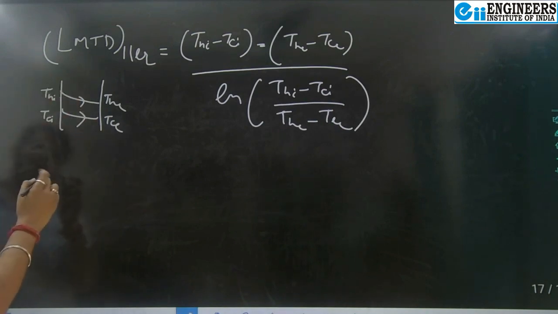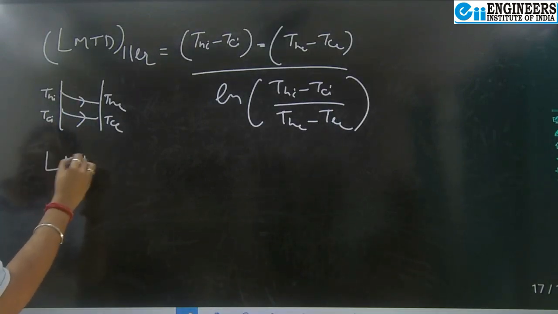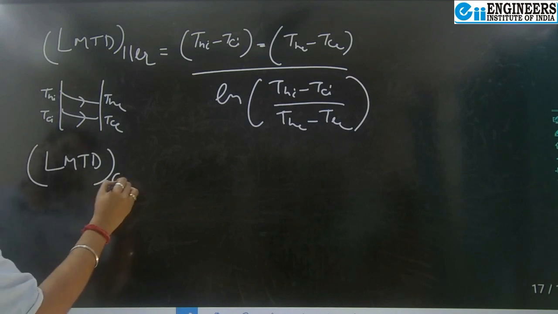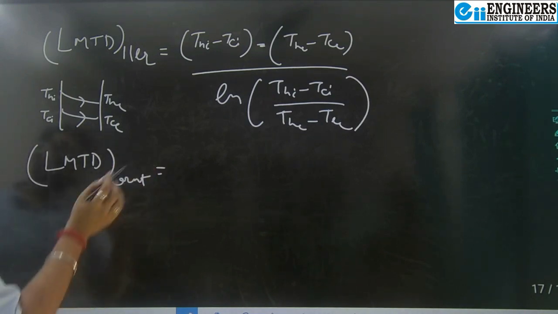Similarly, for the counterflow LMTD, the drawing will have Thi, The, Tci, Tce.